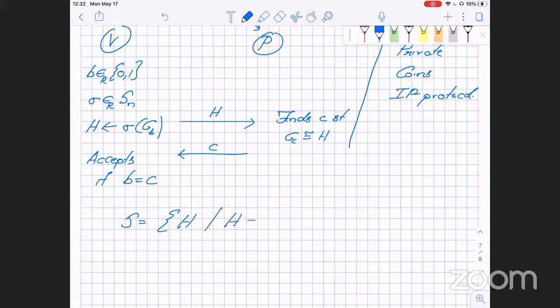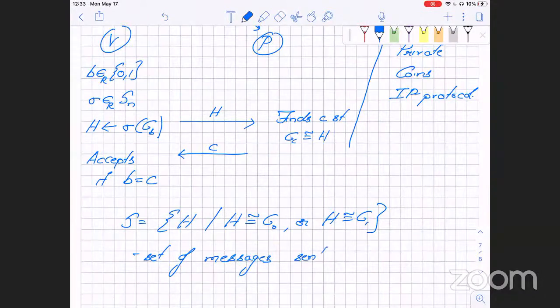H is something which is either isomorphic to G0 or isomorphic to G1.